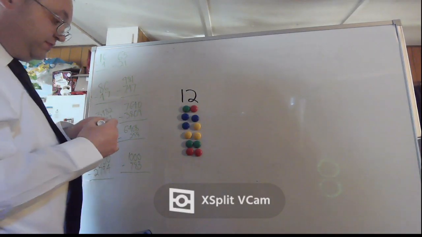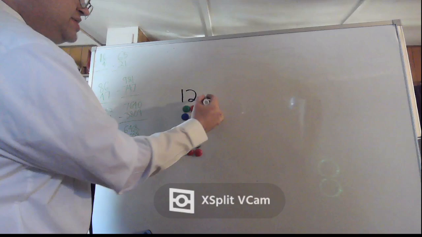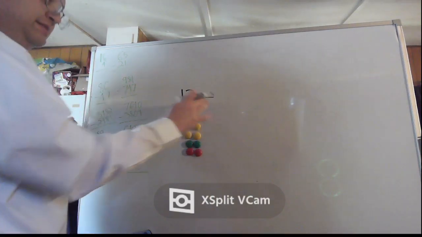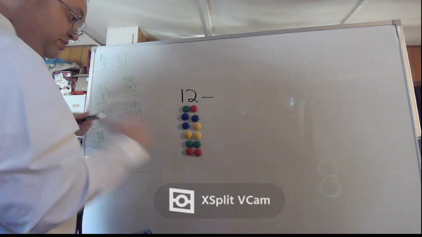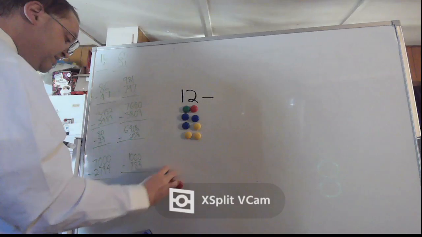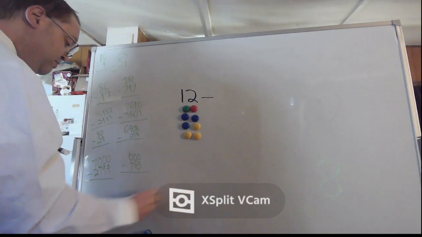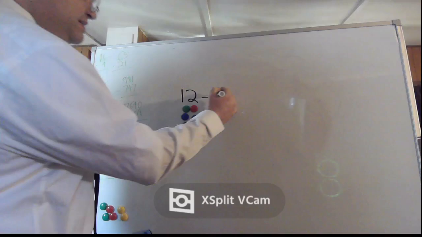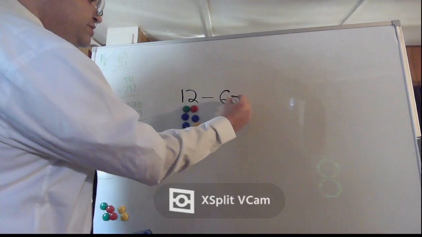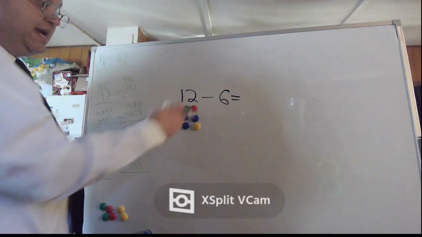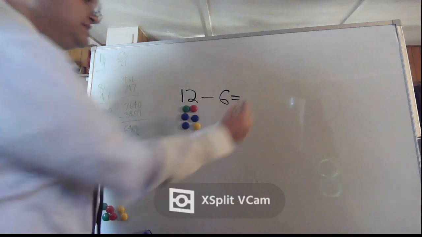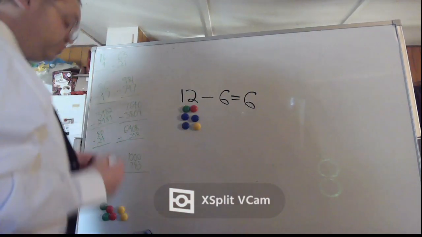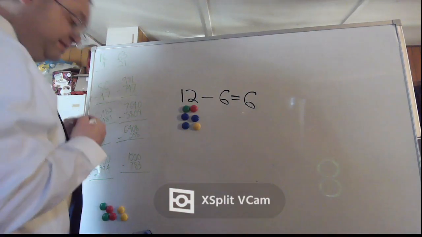I'm going to take away, which is minus, I'm going to subtract 6 of them. Let's move the 6 of them out of the way. I took away 6, so 12 minus 6, how many do I have left? We count what I have left, well, we should get 6. 12 minus 6 is 6.